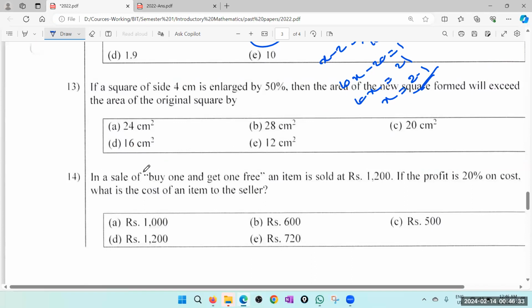13. If a square of side 4 centimeter is enlarged by 50%, it's a square of side 4. All sides have the same length and 90 degrees. Enlarged by 50%. So 50% means 4 will become 6. Each length of 4 will become 6.